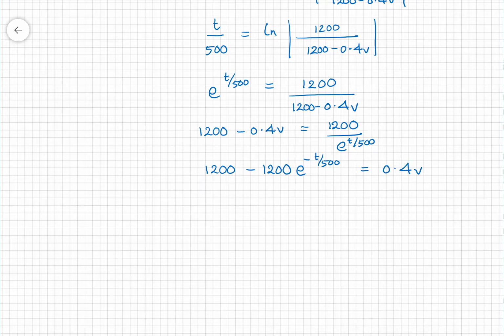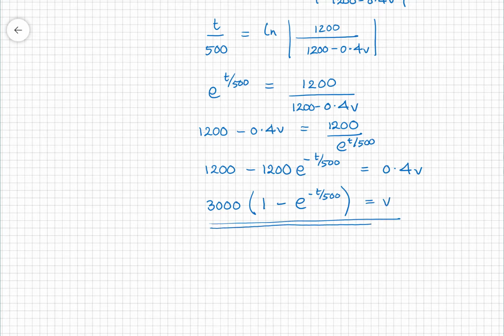And I divide now the left-hand side by 0.4, and I take out a common factor, which in this case will be 3000. 1 minus e to the minus t over 500 is equal to v. And we've got it now in the form that was required within the question.